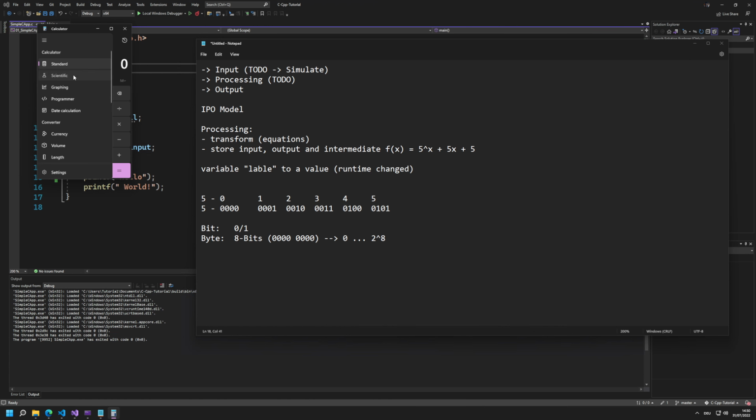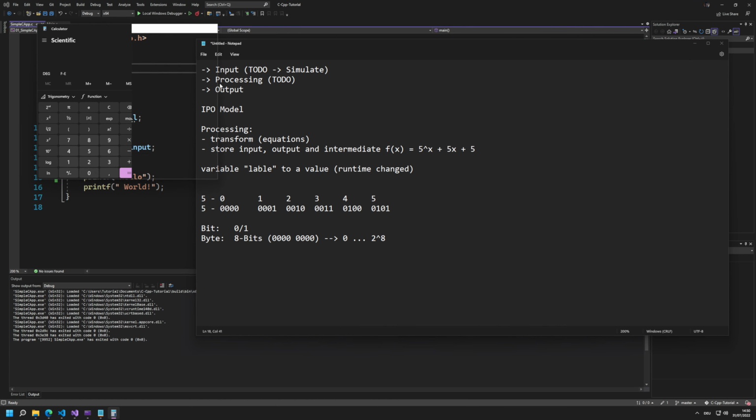Let's go to scientific and it should be able to do it. Yeah. So 2 to the power of 8 gives us 256. And since we also have the 0 in here, we need to subtract 1. So this results in 255. So with 8 bits we could represent numbers from 0 to 255.